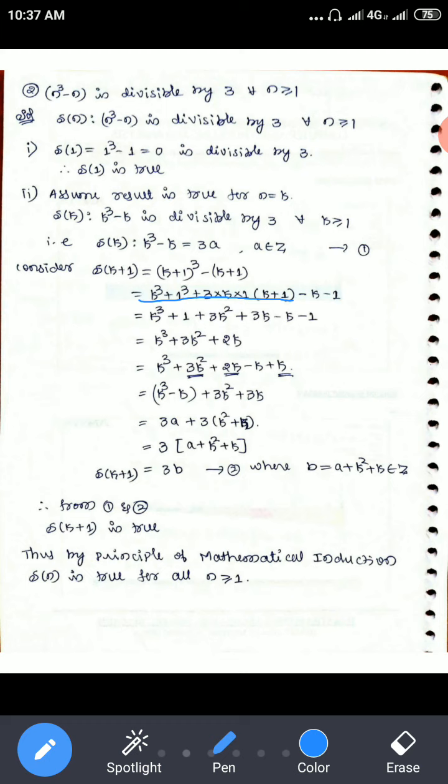Next, we will simplify this. k cube is k cube, 1 cube is 1, 3k into k is 3k square, 3k into 1 is 3k, minus k minus 1. Okay, so therefore here you can see k cube, 3k square, 3k minus k is 2k, plus 1 minus 1 get cancelled.